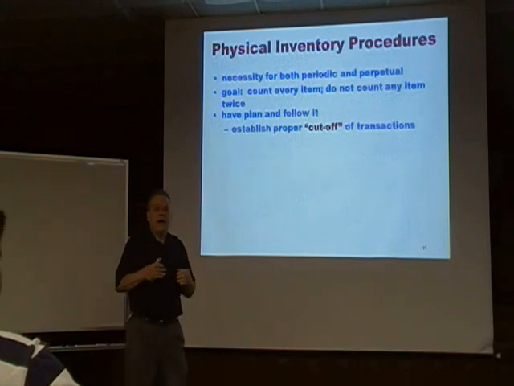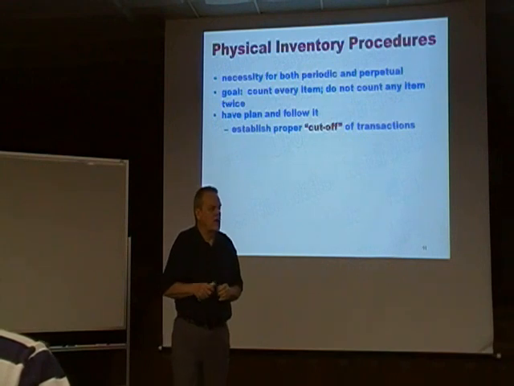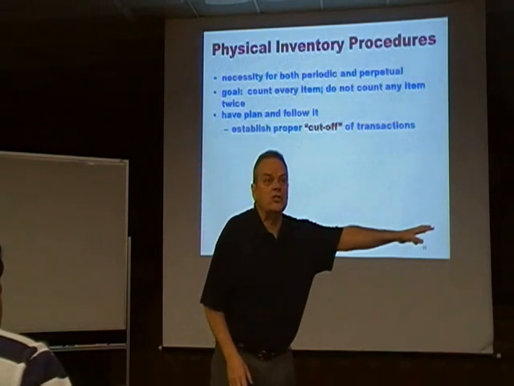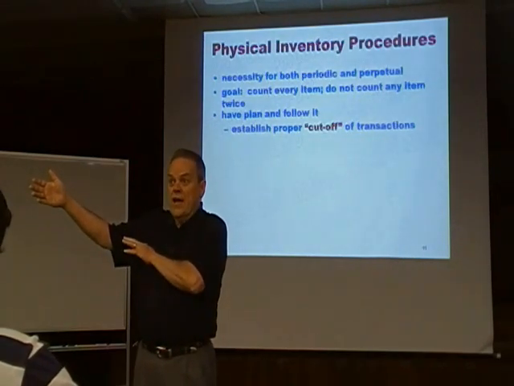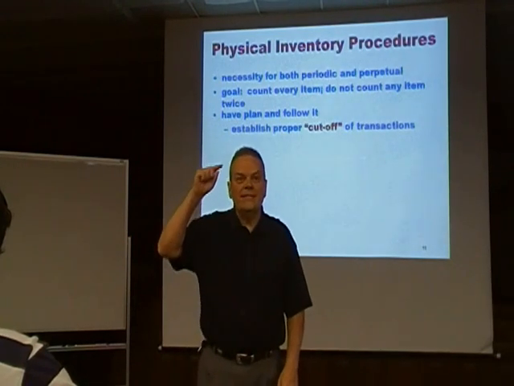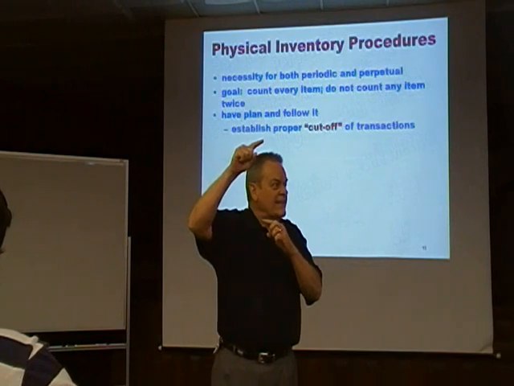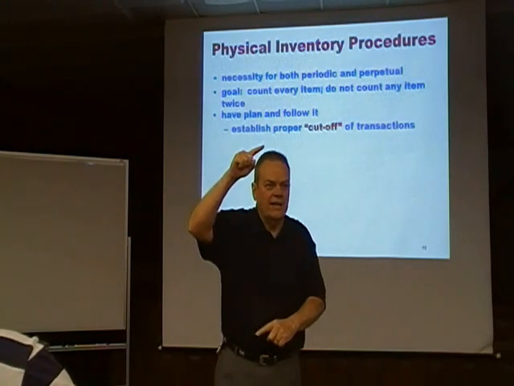One of those items in the plan is to establish a good cutoff. Now, in the same way that periodic has been the tradition that perpetual is taking the lead on now, in the old days, we had 9 to 5 kinds of stores, or 9 to 5 Monday through Friday, open until 9 o'clock on Thursday night.